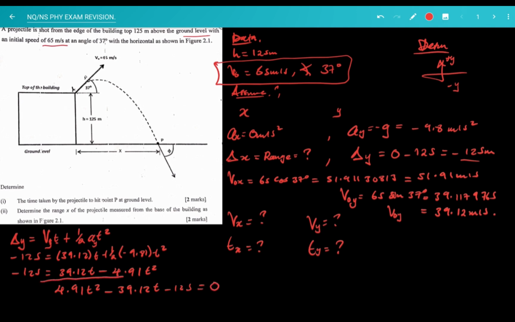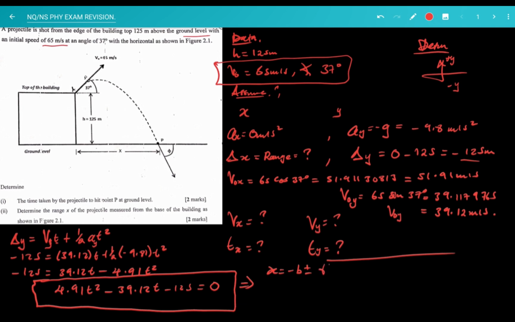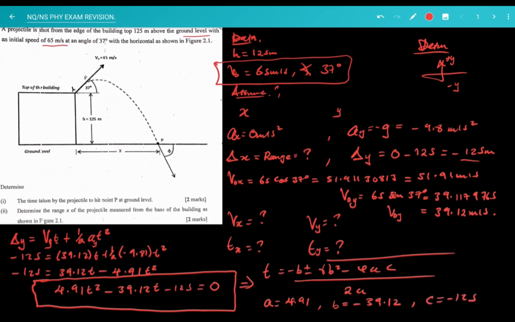This equation can be solved using the quadratic formula, where x is equal to negative b plus or minus the root of b squared minus 4ac over 2a, and in our case x now becomes t. Now a is equivalent to 4.91, b is equivalent to negative 39.12, and c is equivalent to negative 125.